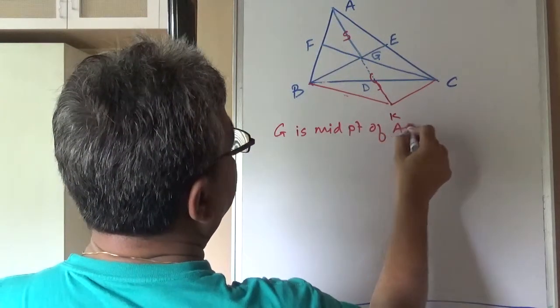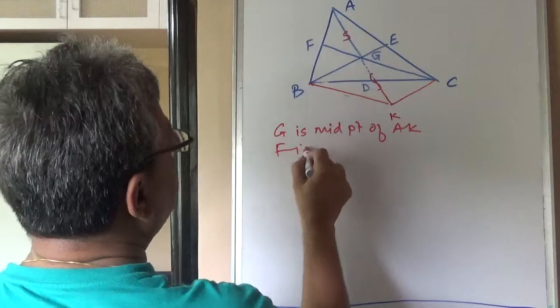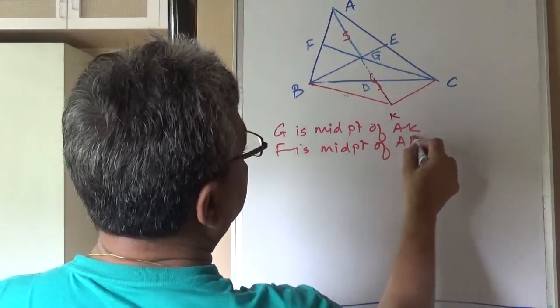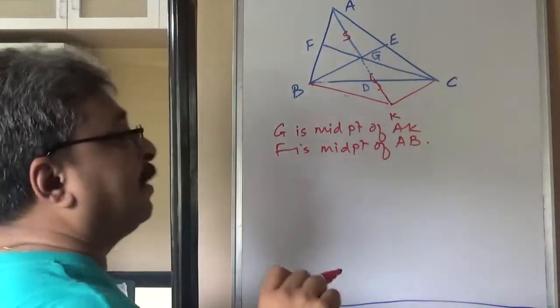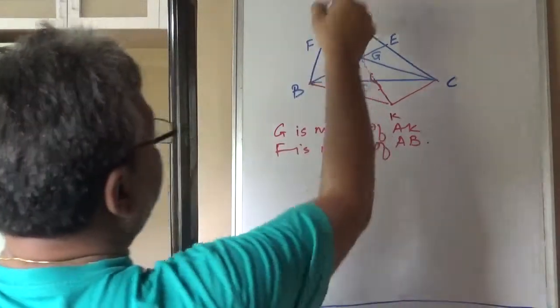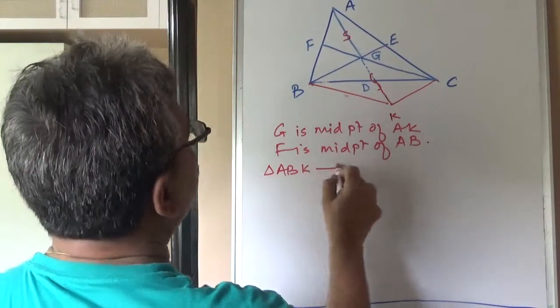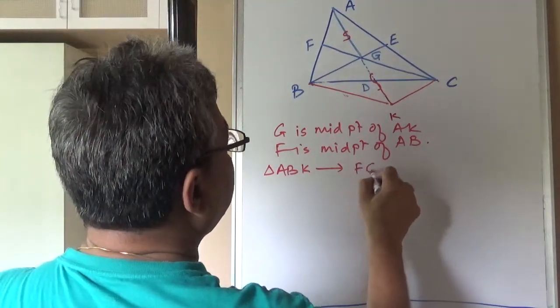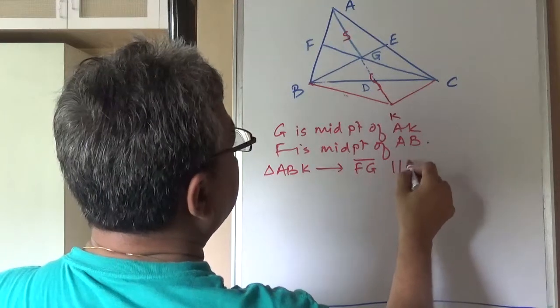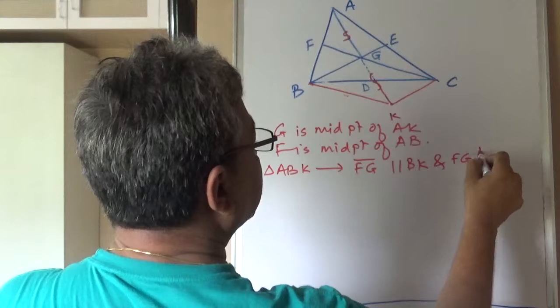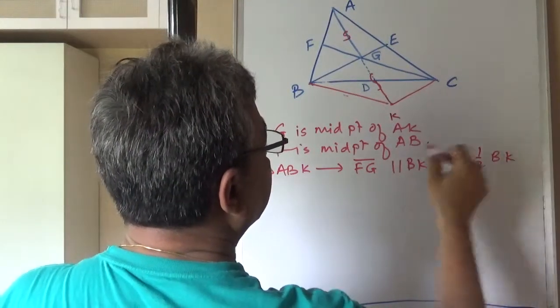of AK, F is the midpoint of AB. Therefore, I can apply the midpoint theorem to triangle ABK. Triangle ABK gives me the result FG is parallel to BK and FG is half of BK.